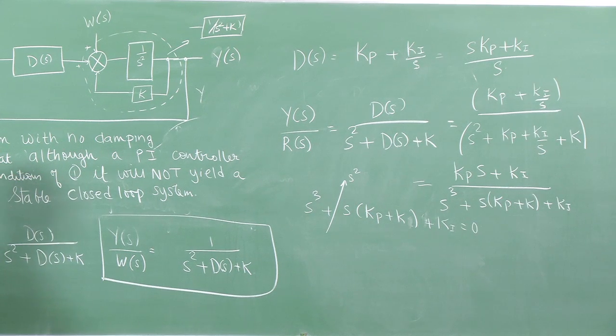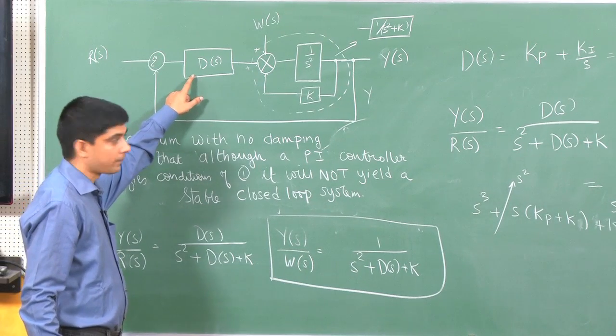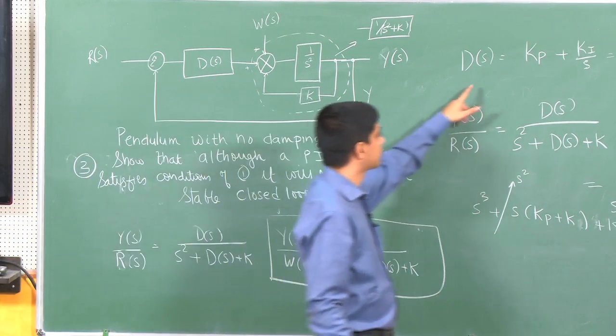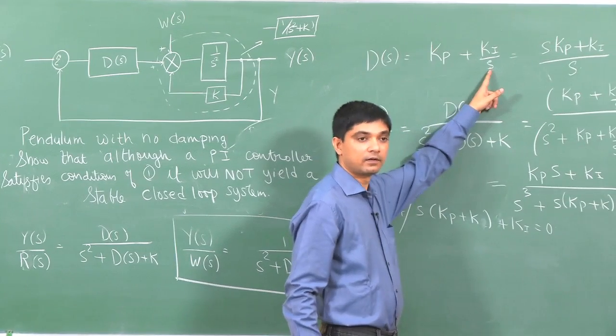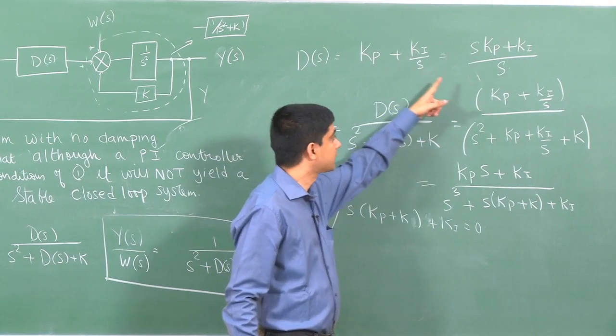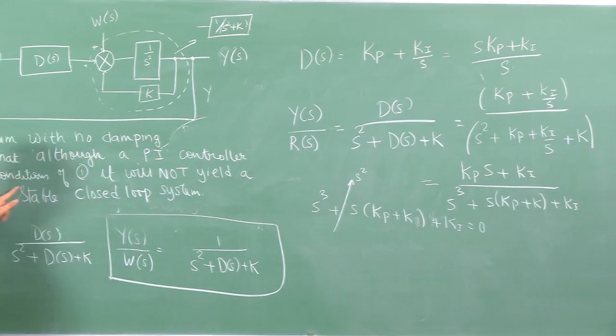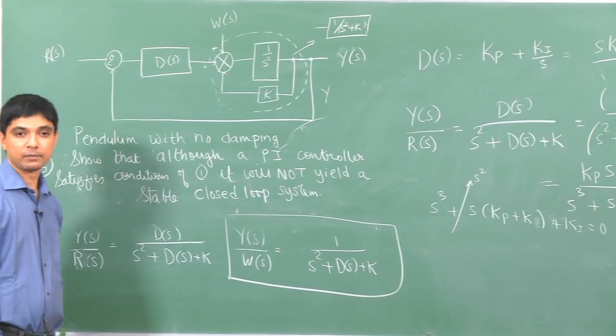So, the conclusion here is that although D(s) with a PI controller, which has a pole at the origin, satisfies the conditions of problem number 1, it leads to a closed loop system which is unstable.